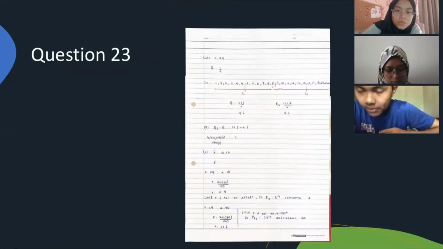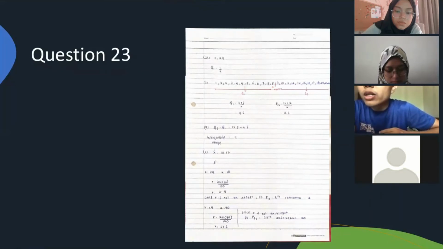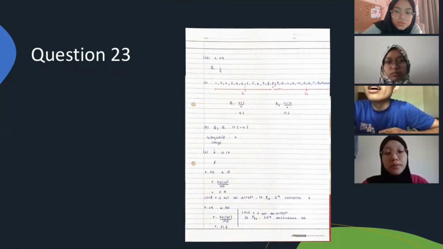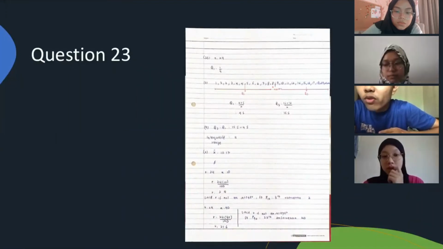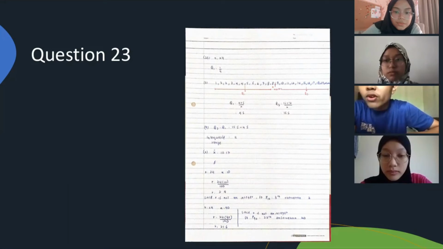From this table, we add 1 until 8 and divide by 2 to get the first quartile, which is between 4 and 5. So we divide by 2 and the first quartile is 4.5. The third quartile is between 15 and 16, so we take 15 plus 16 divided by 2 and we get 15.5 for the third quartile.